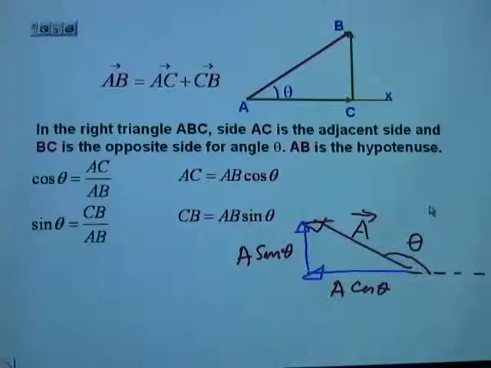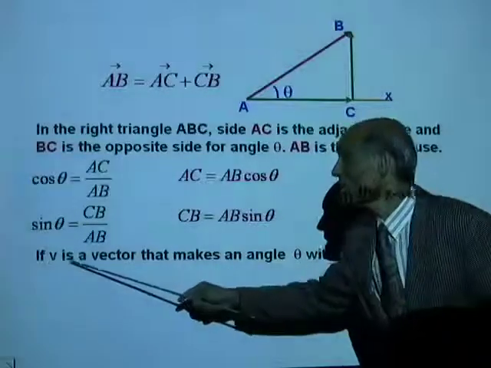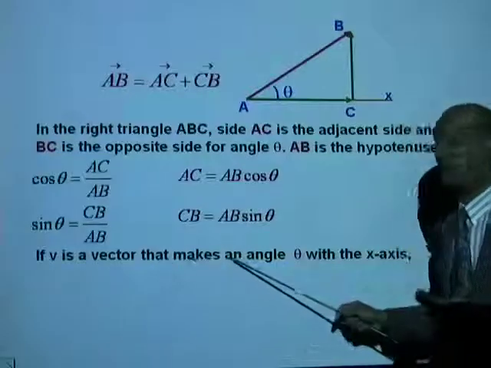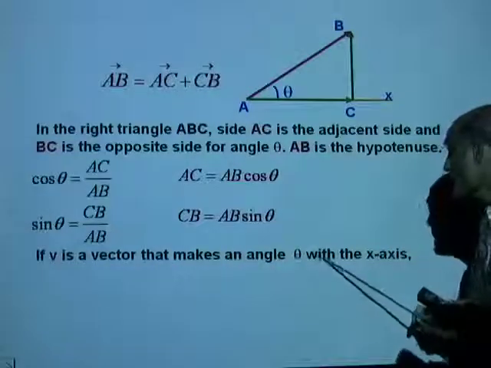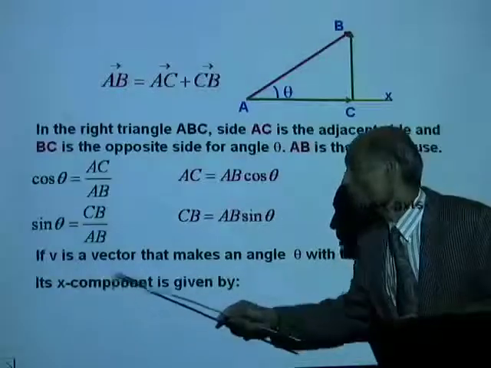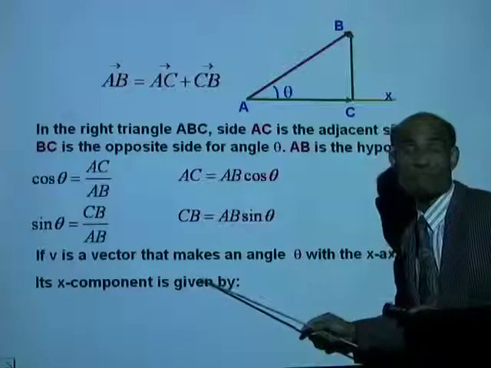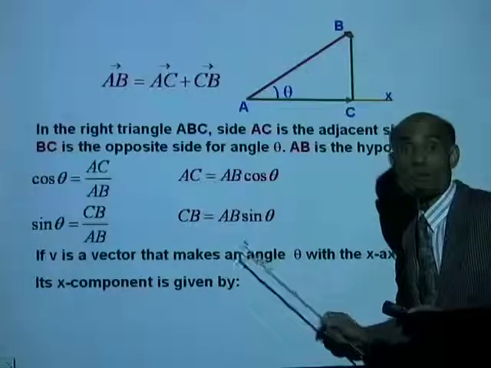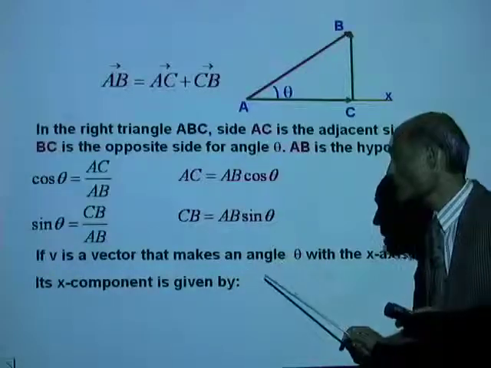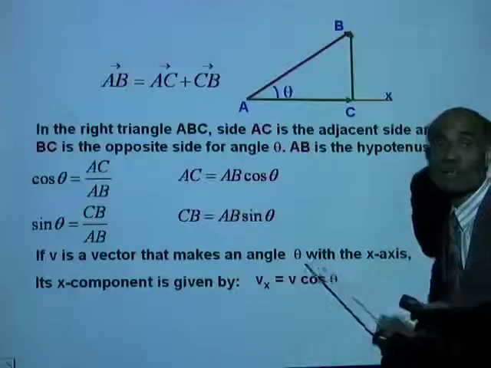A very important concept. If V is a vector that makes an angle theta with the x-axis, then the x component of the vector is given by, can you tell me what that will be? The x component of the vector will be given by V sub x equal to V cos theta.